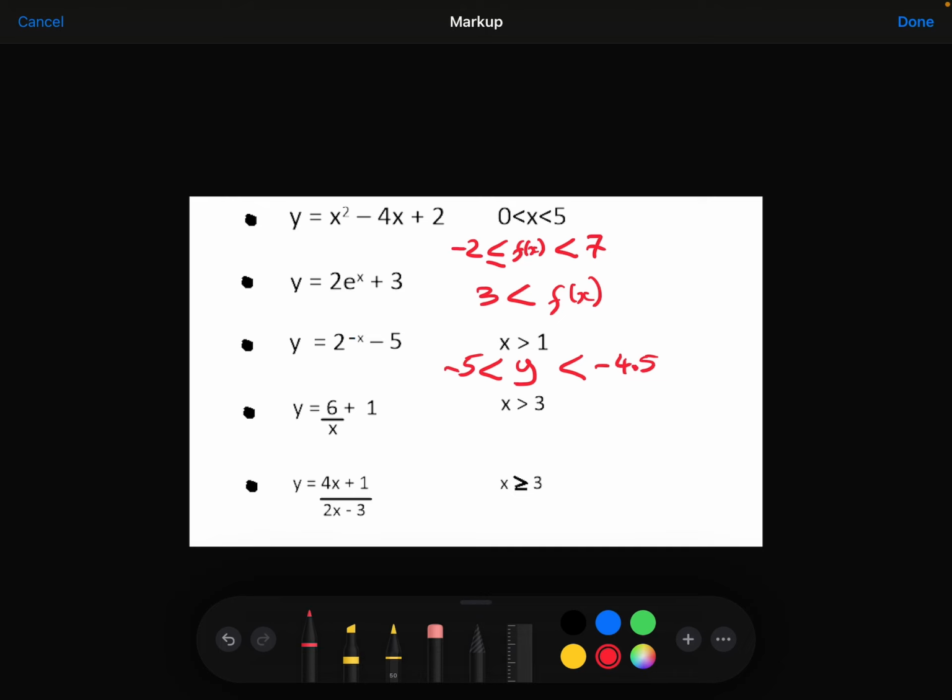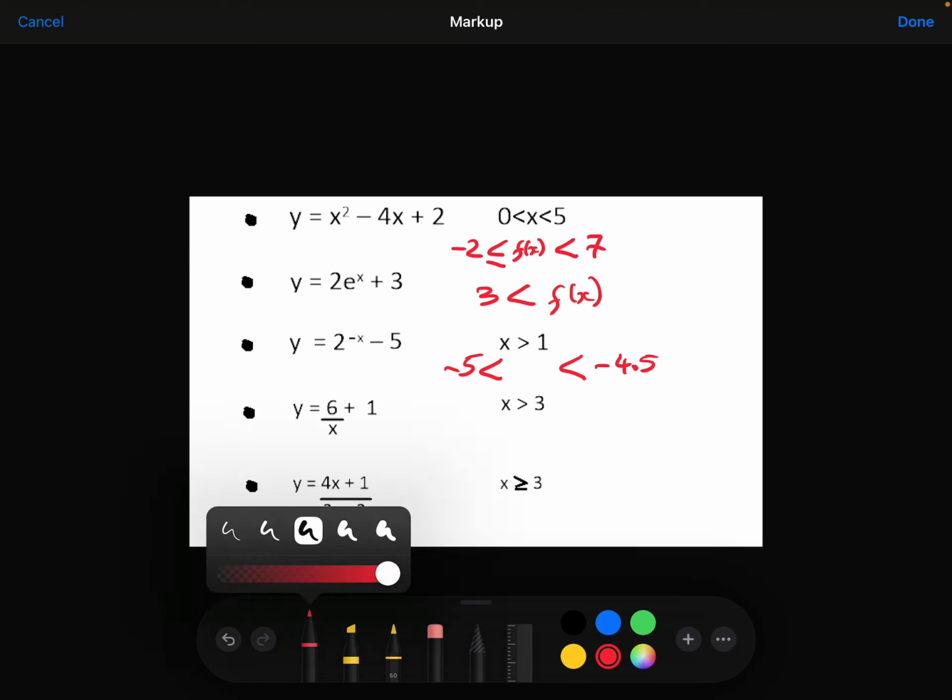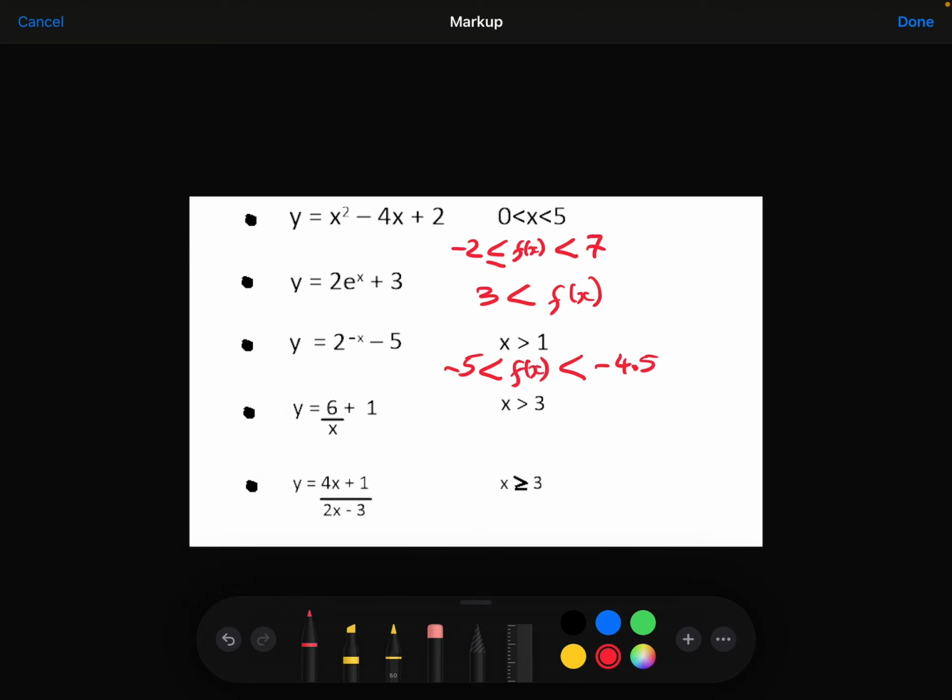It can't equal the minus 4.5 because x can't equal 1. Again, if you're not sure where the minus 4.5 came from, that was just me substituting 1 in here. And again, we could write f of x instead of the y function there.